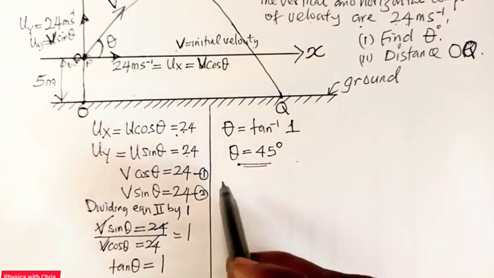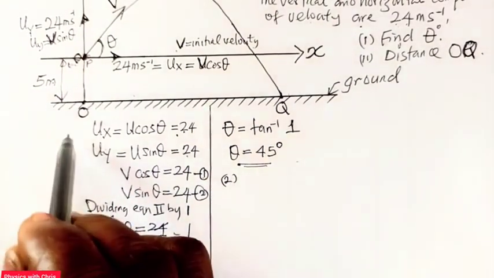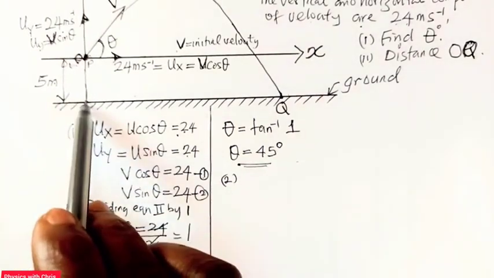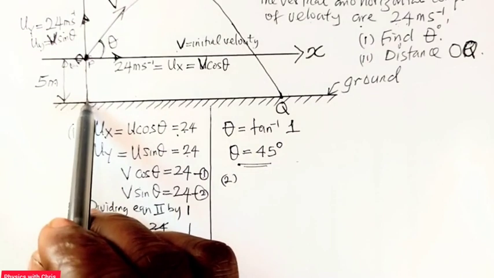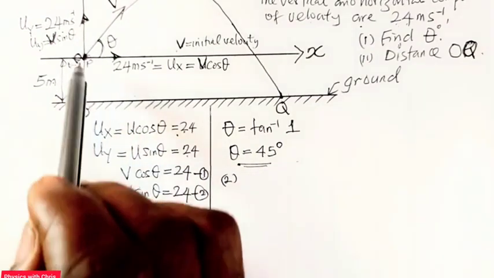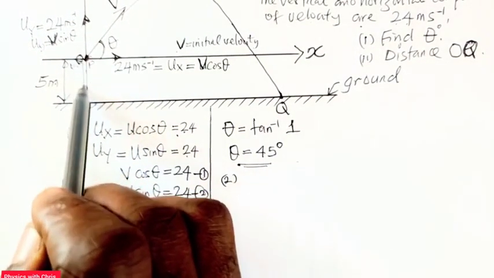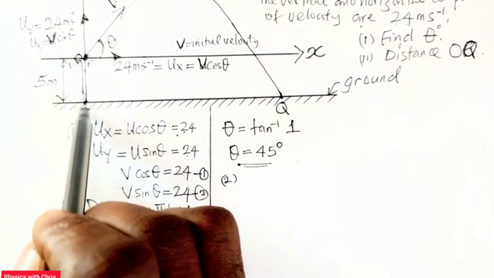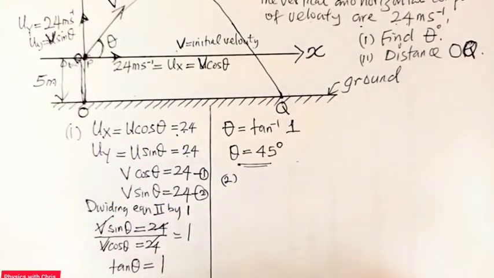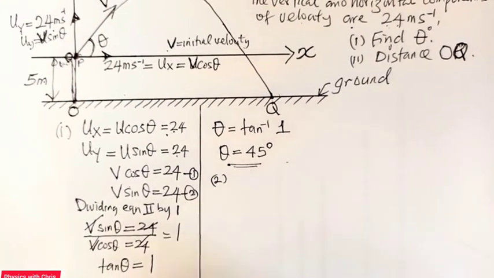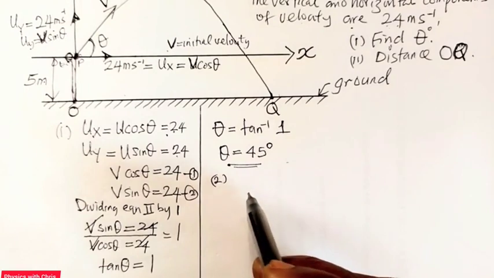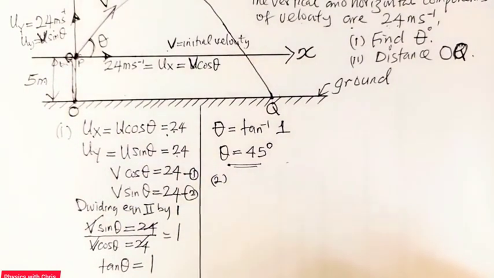Now the second part of the question says we should calculate the distance OQ from this point here, the foot of this point of projection of the particle, to the point Q, where the particle hits the ground. Now again, we are going to use the vertical parameters of this projectile motion.